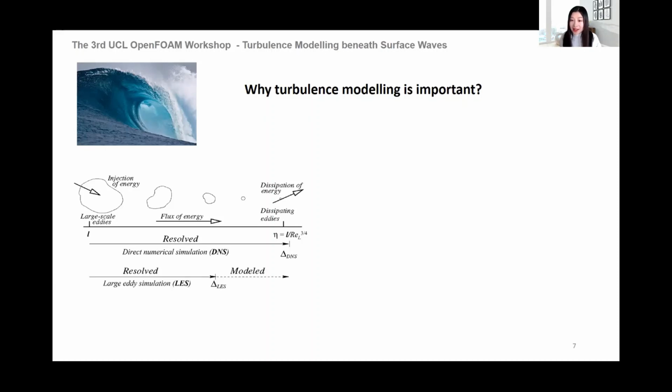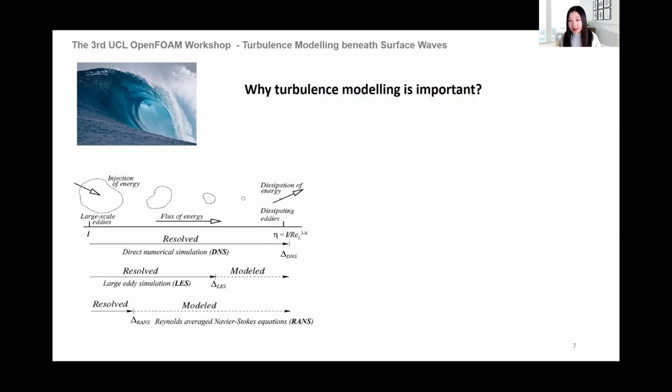And LES, large eddy simulation, is the next up. It resolves most of the scales, with the smallest eddies being modeled. As you may have heard from yesterday's keynote speech by Dr. Tom Smith on LES, he also mentioned that LES is less expensive than DNS, but it is still much more expensive than RANS and is not practical for many engineering problems.